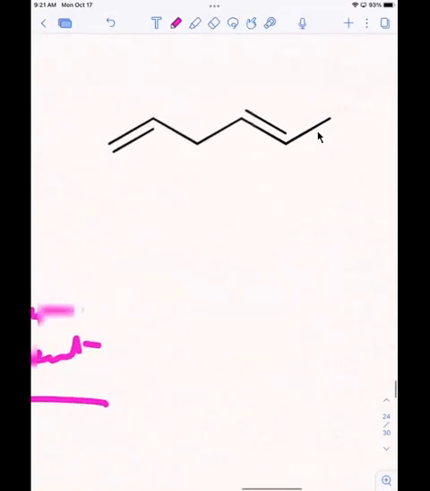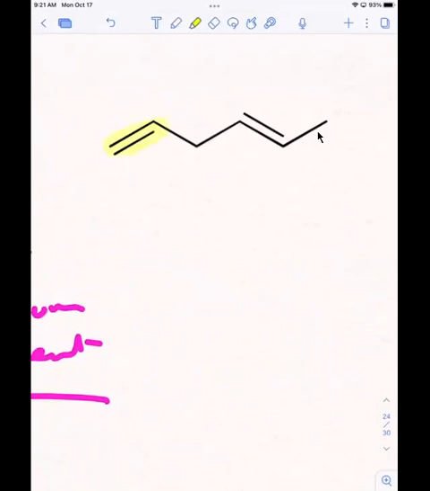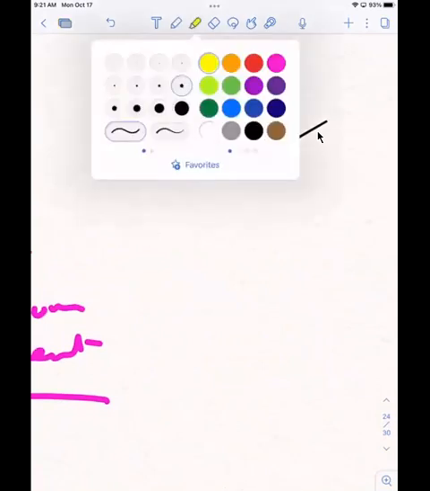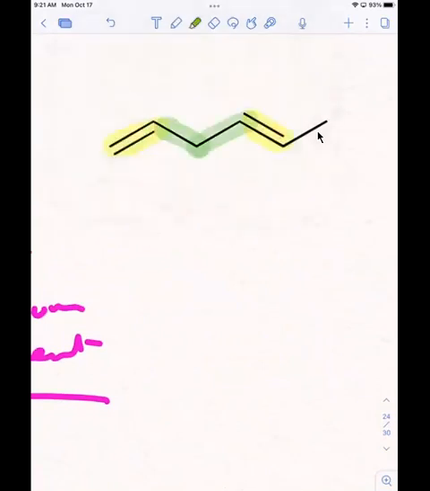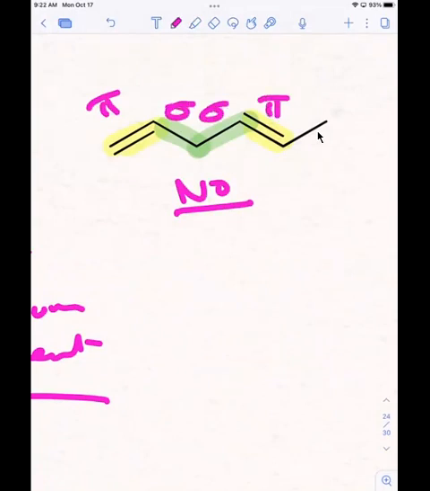What about here? No. This is pi, sigma, sigma, and then pi.